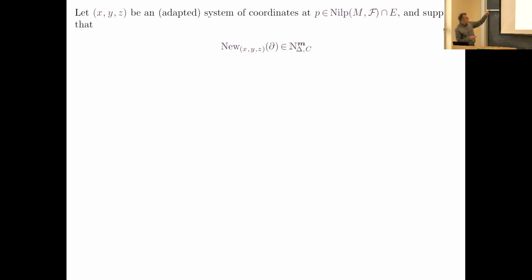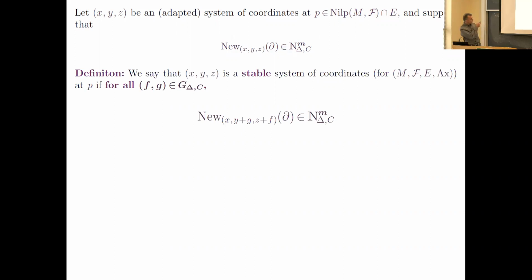And associated to this coordinate system, you have the Newton polyhedron, depending strongly in principle on X, Y, and Z. And I suppose that it lies in this class N, M, delta C. I recall delta C and M define the affine plane which supports the main face. Now, I say that X, Y, and Z are stable if for any element of the group acting on the face, when you consider the Newton polyhedron with respect to the new coordinates, it lies in the same class.